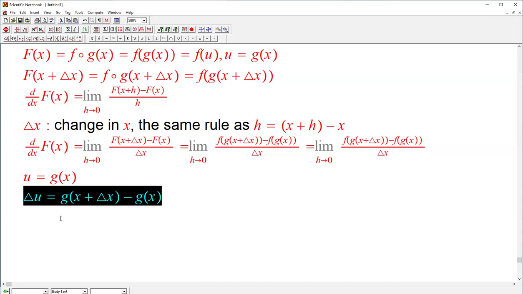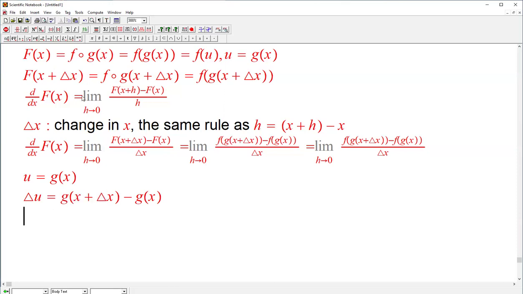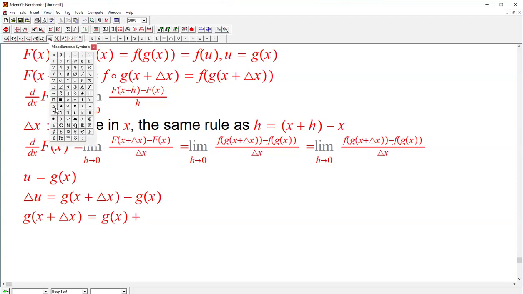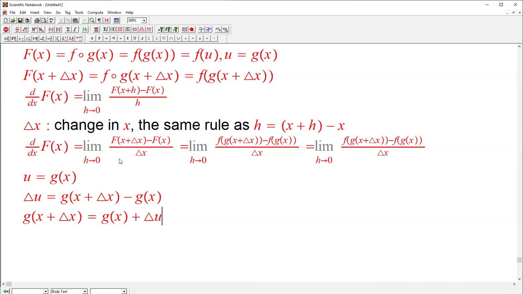So g of x plus delta x is going to equal g of x plus delta u.